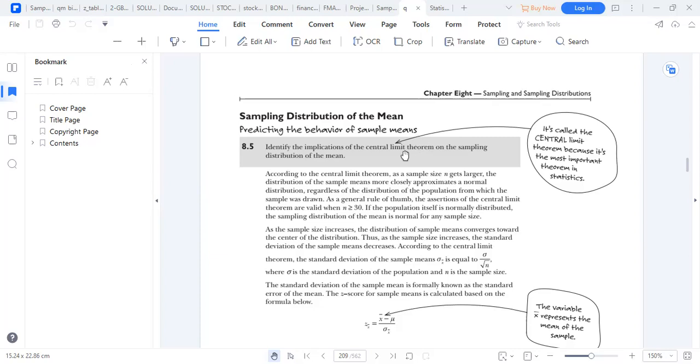So we're now going to look at our central limit theorem that gives us the standard deviation of a sample. So the standard deviation of a sample under the central limit theorem is simply given by standard deviation over square root of n.